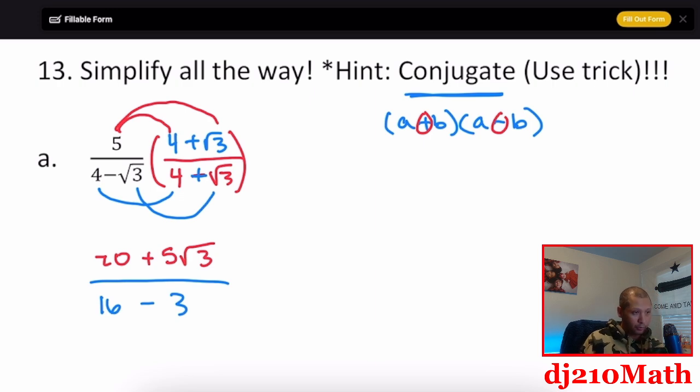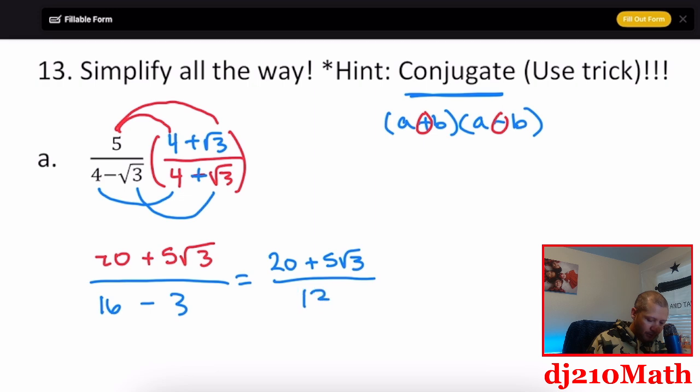Right. Root 3 times root 3 is 9. Square root of 9 is just 3. The insides match, so the answer is just the inside part. So final answer. 20 plus 5 root 3 all over 13. Right, 16 minus 3.